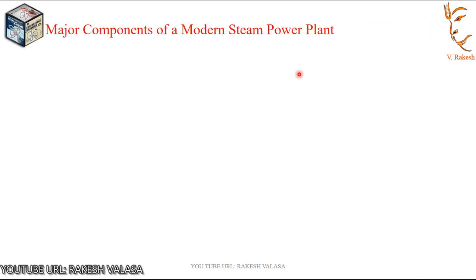Next, see the major components of a modern steam power plant. Boiler, which also consists of superheater, reheater, air heater, economizer.